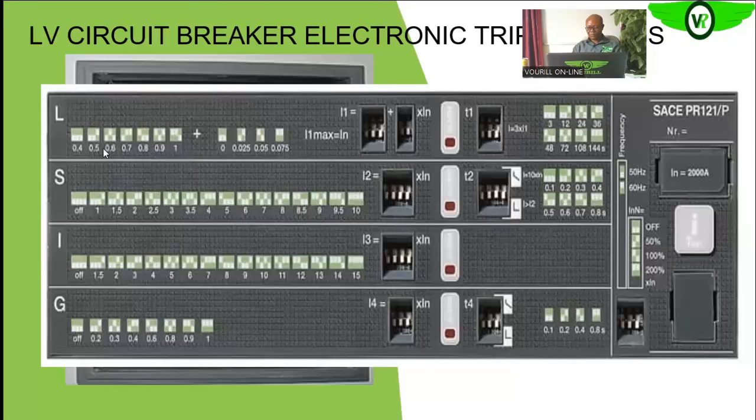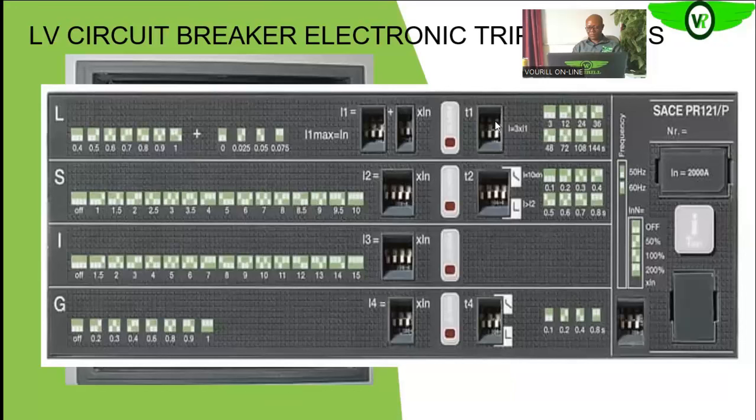So if you take this first switch up and leave the other one down, it means that we are adding 100 to the 1000. So it will now give us 1100 amps as a continuous amp rating.